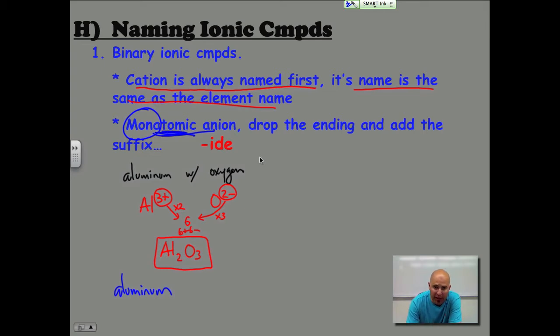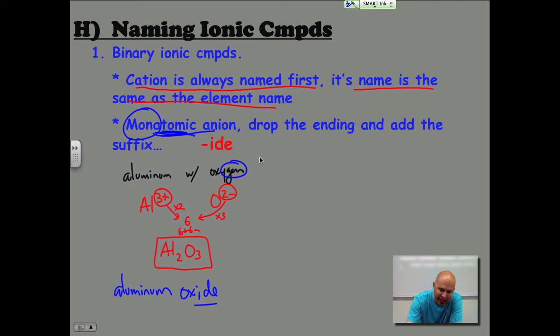Now we do have 3 oxygens, big deal. We drop the ending and add the suffix. So we drop the -gen, I guess you want to say, and we have oxide. Notice the oxide. And again, I wish I could say how many letters you drop or what part you drop, but basically that's what it is. You drop the ending and add the "ide." You'll see how simple it is.